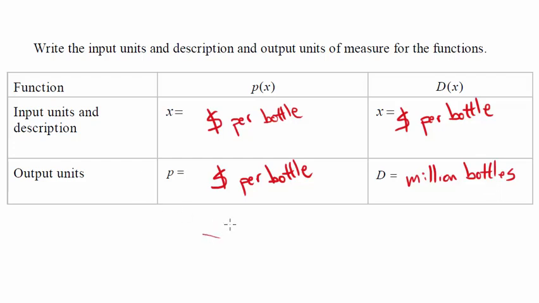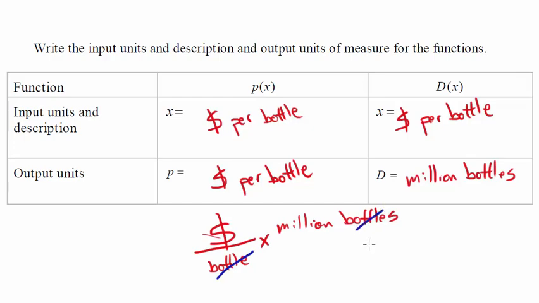If I took dollars per bottle and multiplied that by million bottles, okay, yes, that does make sense here.